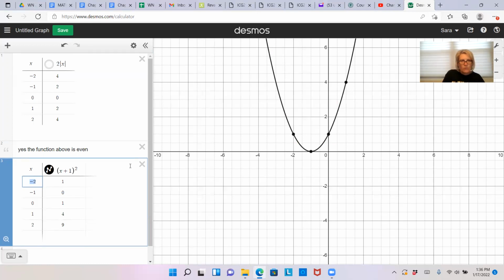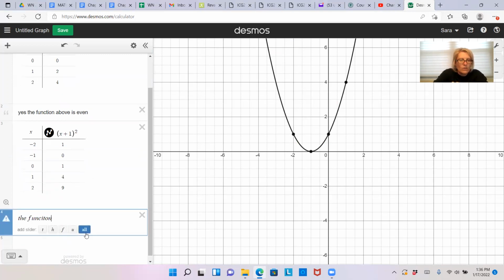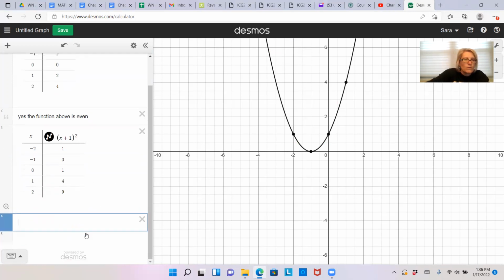And that doesn't work either. So the function, oops, I got to turn that into a note. The function above is neither odd nor even.